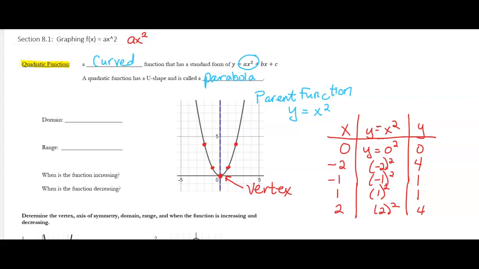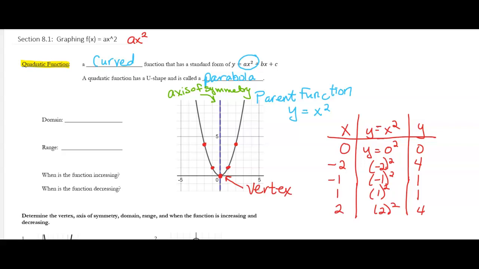That's because it's called a line of symmetry. This dotted line is the line of symmetry. And what we call it, not just line of symmetry, we call it the axis of symmetry. And the axis of symmetry always goes through the vertex. And if you notice, it's a vertical line.